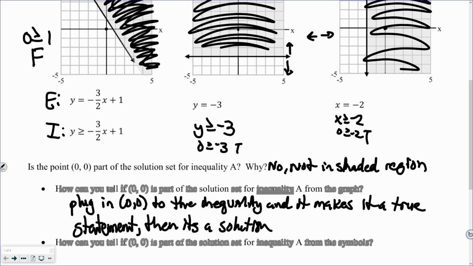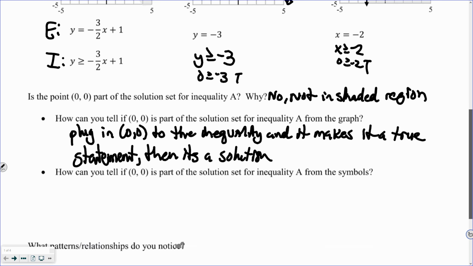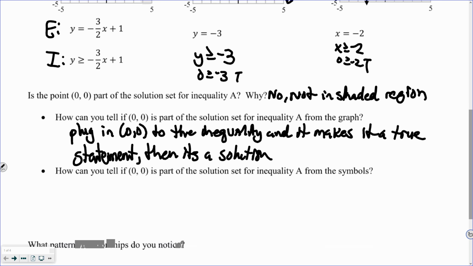And when I plug 0, 0 in, just to the inequality itself, forget the line. Okay, the graph, you can visibly see it. For the equation, you just check it. If I plug a 0 in for here, and this is 3/2 times 0 plus 1, I get this. If that's a true statement, it's a solution. This was not a true statement because we plugged it in, so it's not.